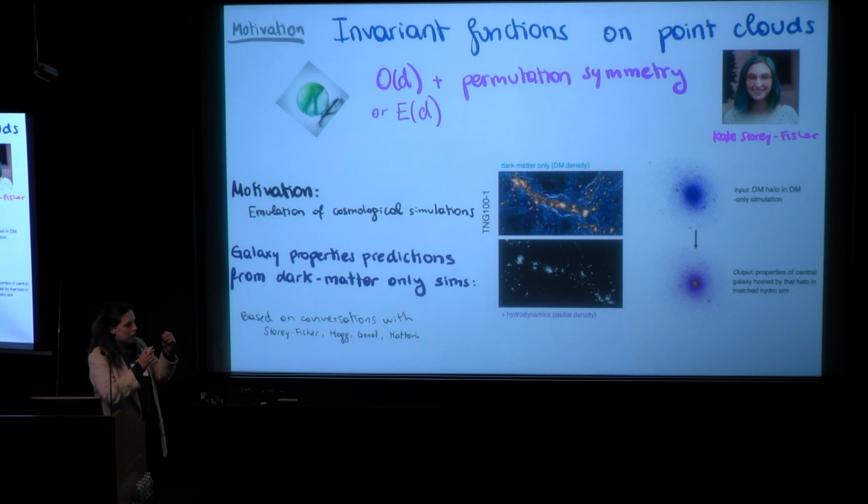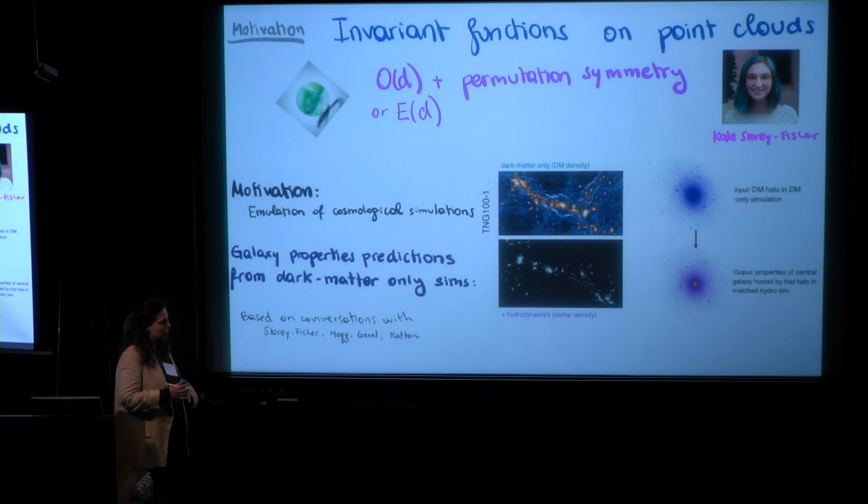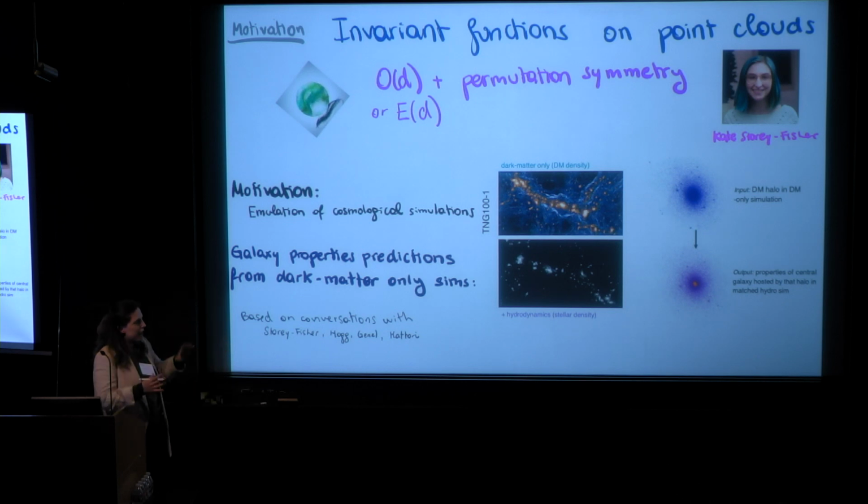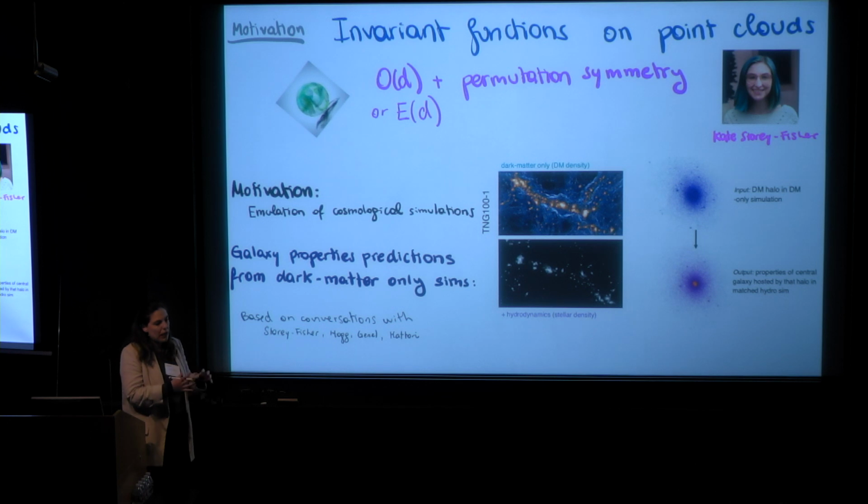And she wanted to use the cheaper dark matter simulations to infer some properties of galaxies from the more expensive simulations. So basically, it was a regression problem on point clouds where the intrinsic properties of the point clouds were invariant with respect to translations, rotations, or permutations of the points. So how can we do these machine learning models?